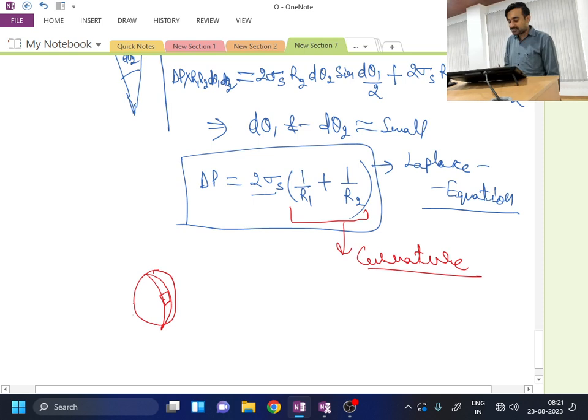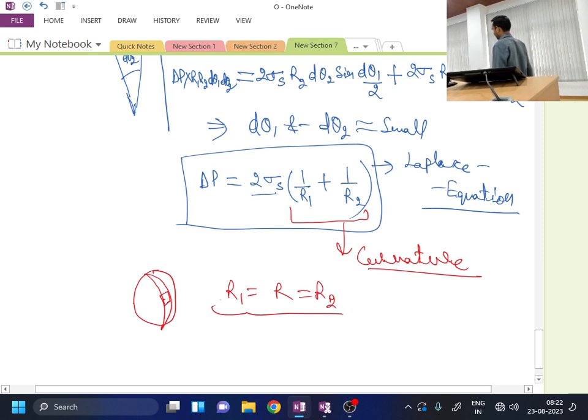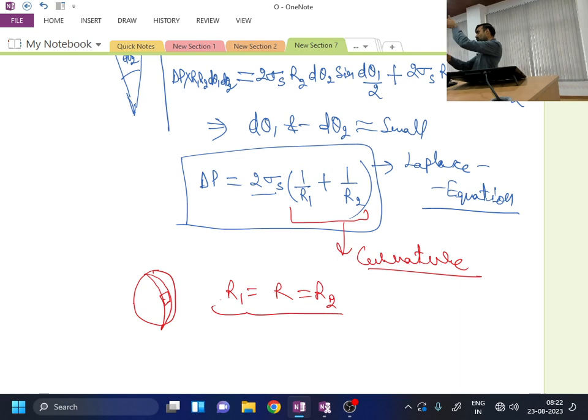Okay, and for a sphere, because a sphere is a symmetric shape, the values of these two principal radii of curvature, r1 will be equal to r2. R1 and R2 will be the same. So if you have a sphere, and you take two principal perpendicular planes, in each plane if you fit a circle which is tangent to the surface of the sphere, both circles will have the same radius.